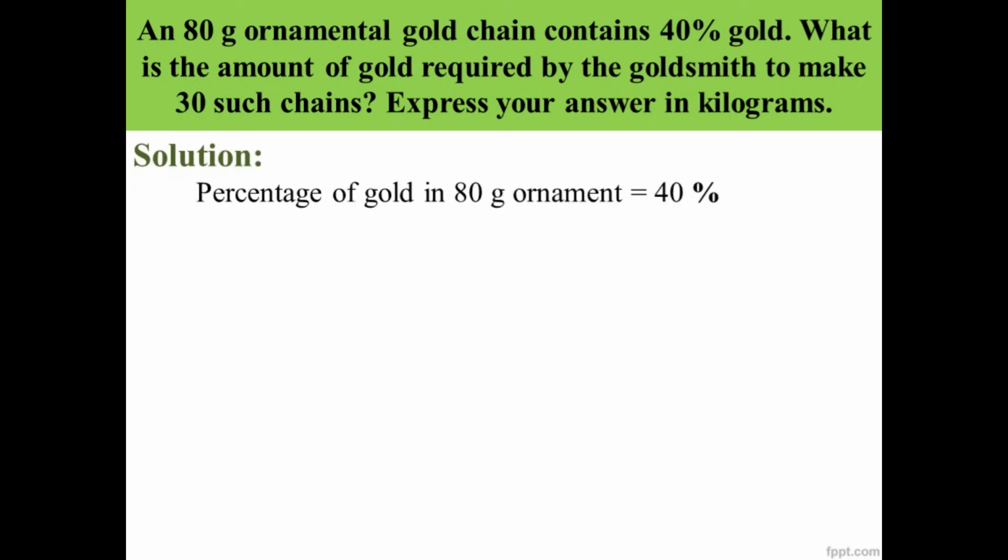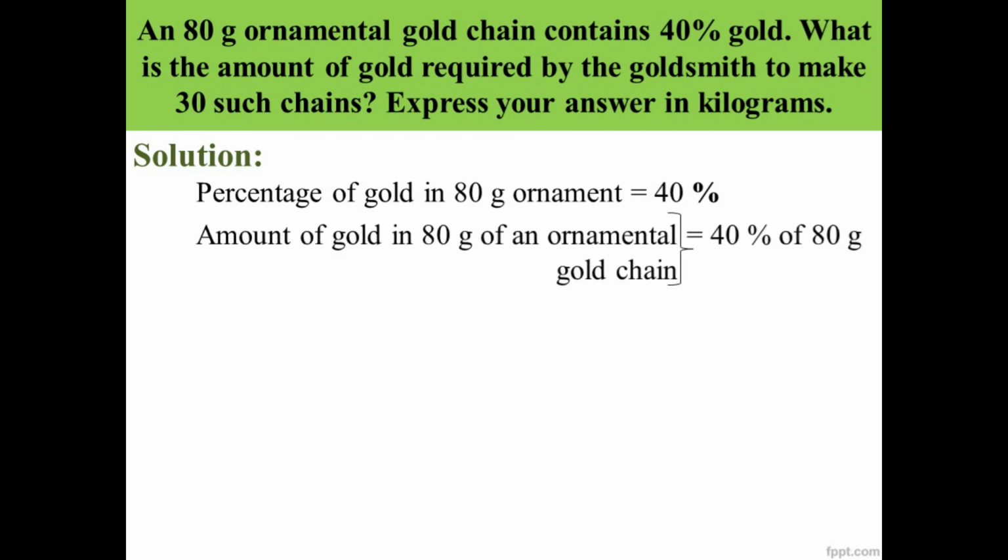First, the percentage of gold in the 80 gram ornament is 40%. They have given it in percentage, so first of all we have to convert it into gram. The amount of gold in an 80 gram ornamental gold chain equals 40% of 80 gram.